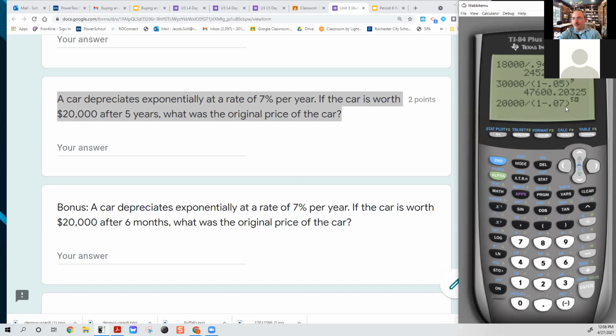Which one did you have? 0.07. Okay, 1 minus 0.07. And did you raise it to the 5th power? No, that's what I messed up then. Yes, you raise it to the 5th power because it's 5 years. That means 28,748 was the original price. So the car was originally 28,748, but after 5 years, it became 20 grand.